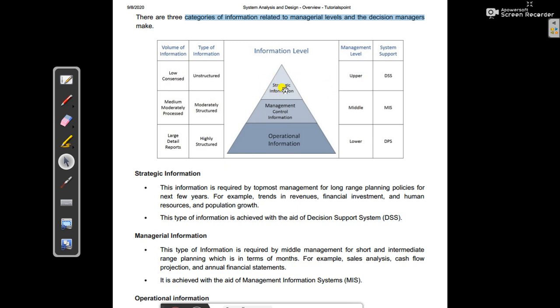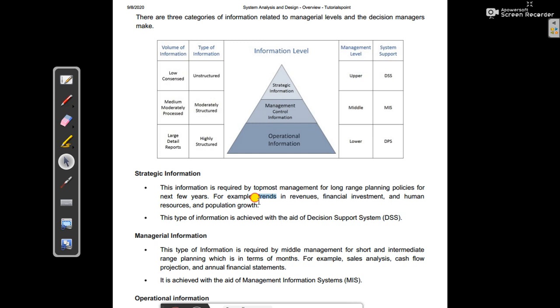In case of strategic information, the information is unstructured, but the management level is higher, or we can say upper. And what type of system can we create? Decision support system. A few examples are financial investment, what type of investment should be done, human resources, population growth, trends in revenues.